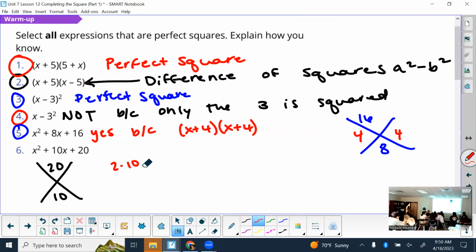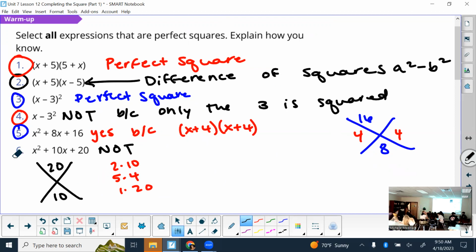I don't think that one is factorable. But here's some numbers that multiply to 20. I don't think any of them could ever do that. Regardless, it would have to be the same exact number for it to be a perfect square. So number 6 definitely is not, because I don't even think it's factorable. It's definitely not. Questions on the warm up?